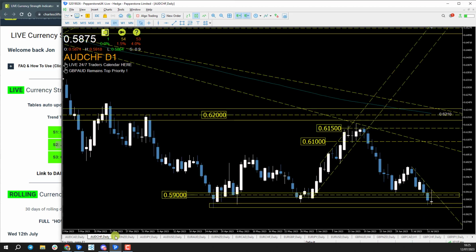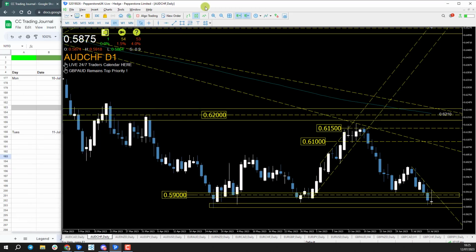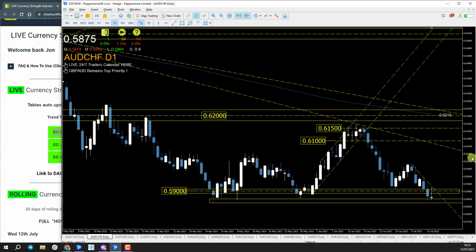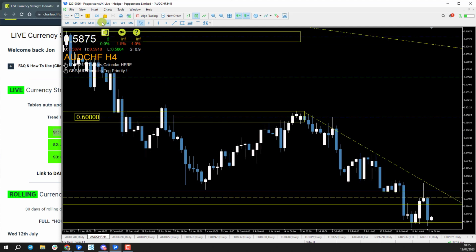Another market that was of interest was Aussie Swiss. You can see here that Aussie Swiss features on the day traders and topside trend traders table, so it's definitely something to be aware of. So we're looking for a potential continuation here on Aussie Swiss. Now you might be thinking, well, why aren't we looking for a position on Aussie Swiss today?